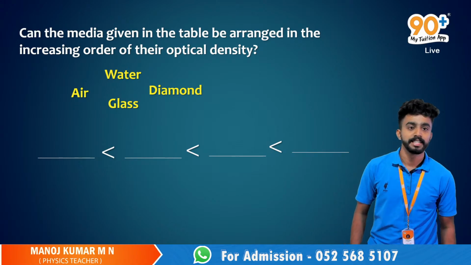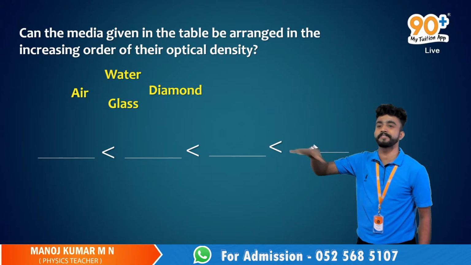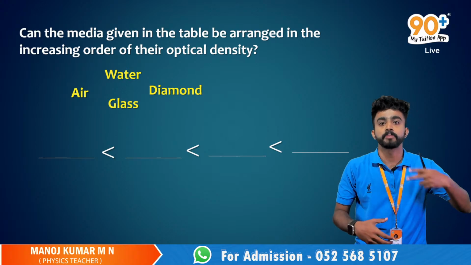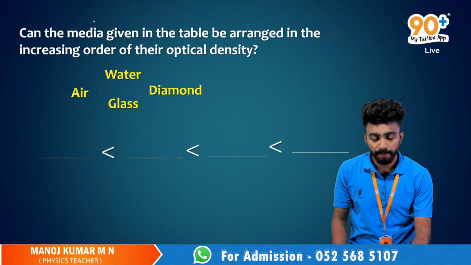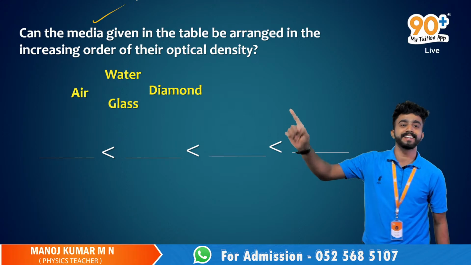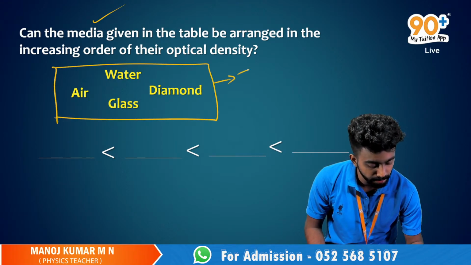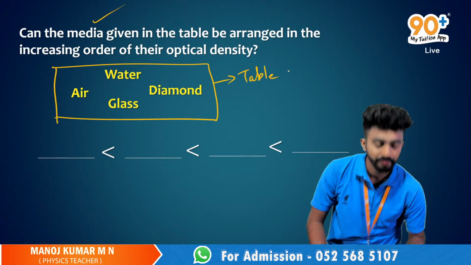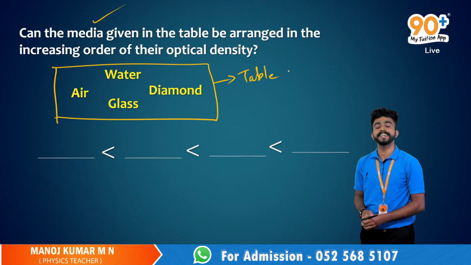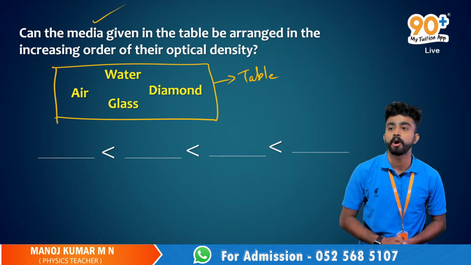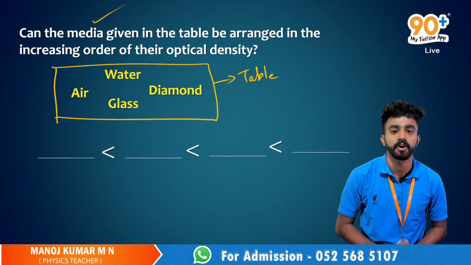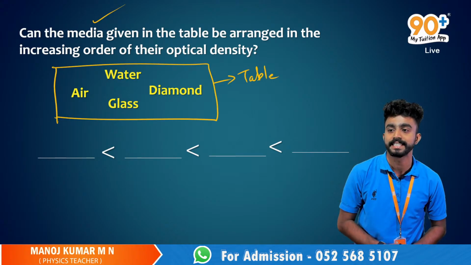These different types of mediums are termed as media. So the media given in the table should be arranged in the increasing order of their optical density.